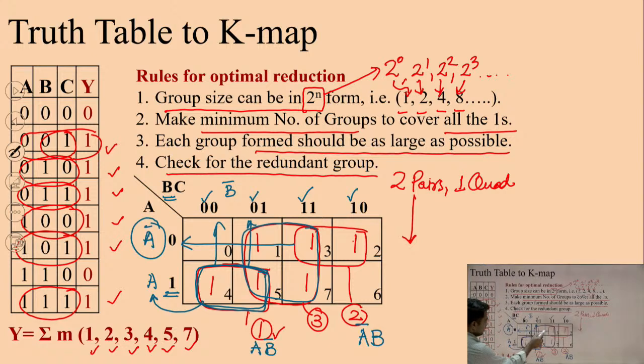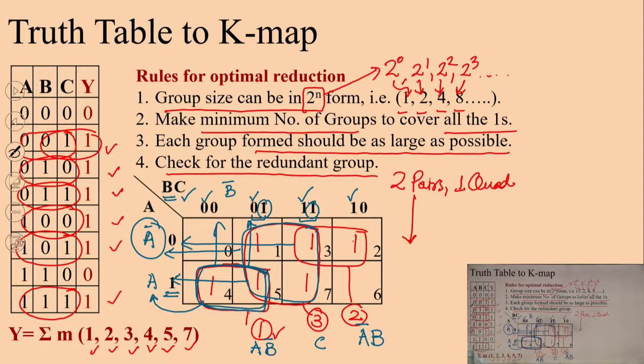Between all these 4 ones, if I check the rows, nothing is common. The first row corresponds to A bar, the second row corresponds to A. That means nothing is common between A and A bar. But if I check the columns, 0, 1, 1, 1, this 1 is common and it corresponds to C. That means this third group results in the answer C.